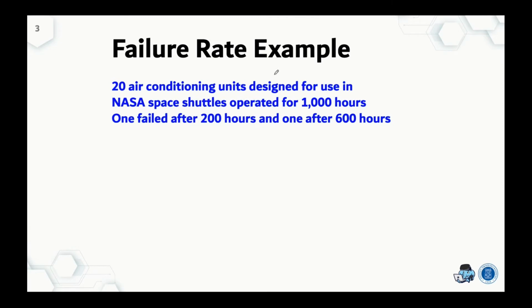Let's take a look at this simple example. 20 air conditioning units designed for use in NASA Space Shuttle operate for 1000 hours. Let's highlight the numbers here. And one fails. So one air conditioner fails after 200 hours and another one fails after 600 hours.